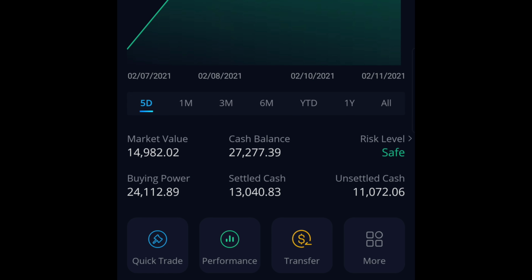Continue to grow that up so that you can have a higher balance and more settled cash so that you have more freedom to make trades in and out throughout the day, for example.